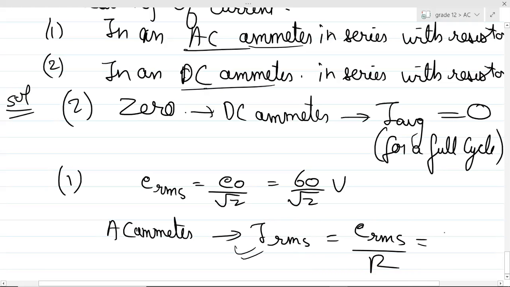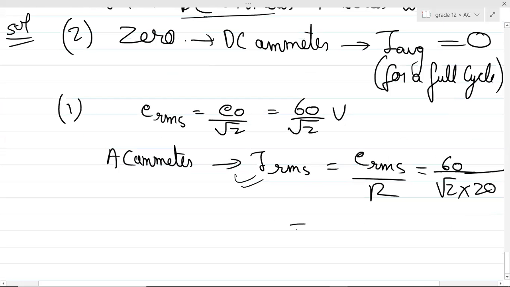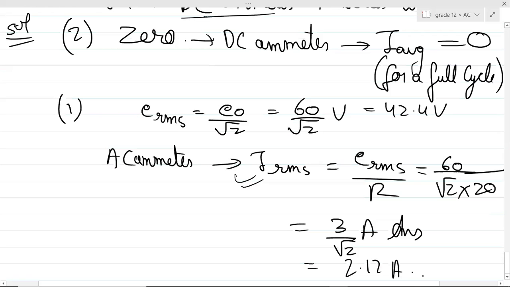So 60 by root 2 multiplied by 20. So the final answer will be 3 by root 2. By the way, this will be 42.4 volt and this will be 2.21.